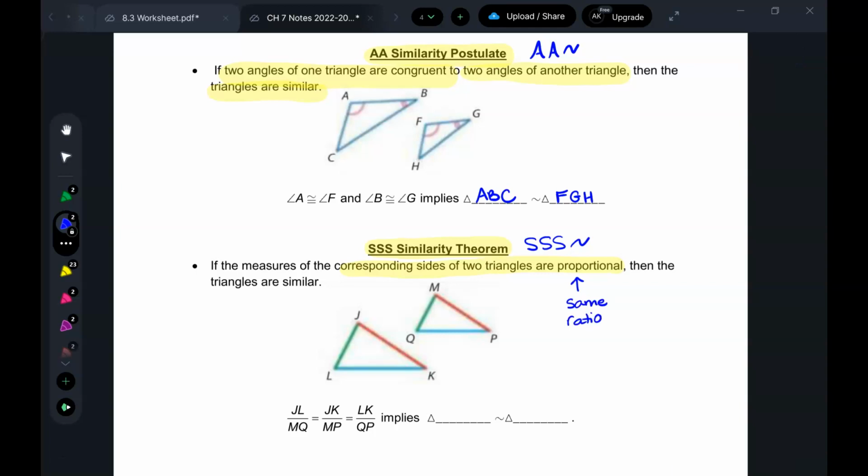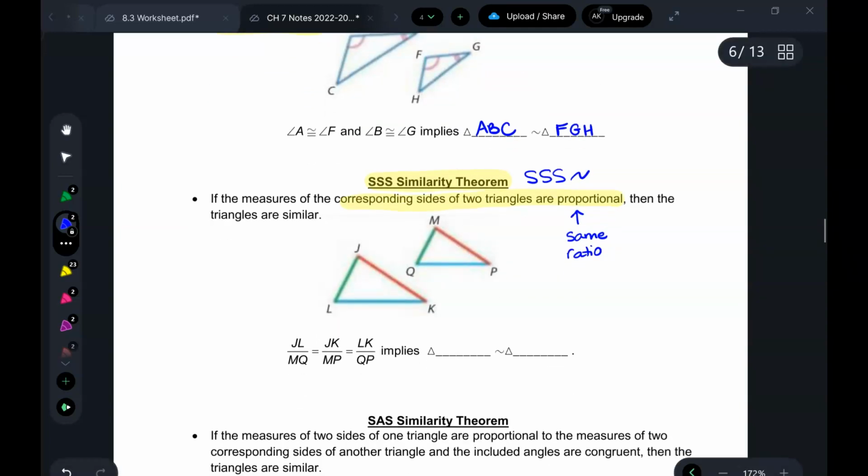Okay, so for the first one, all we have to look for are two angles. Here, it's the same ratio. Well, what is a ratio? Something to something. If I told you this was 8 and this was 4, that would be a ratio of 8 to 4, which is 2 to 1.